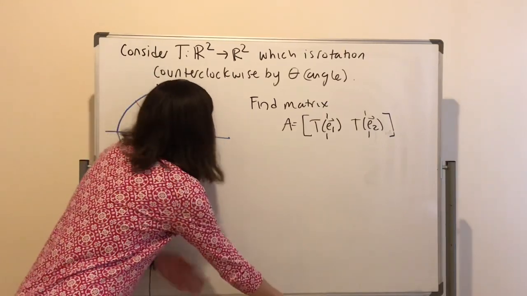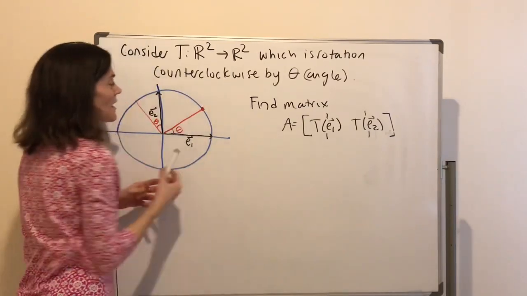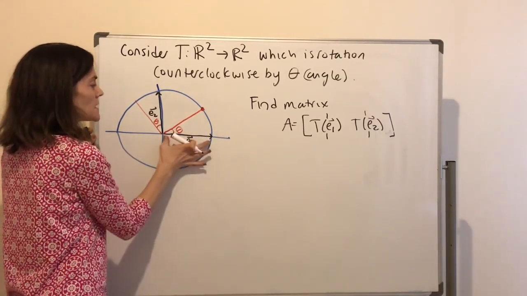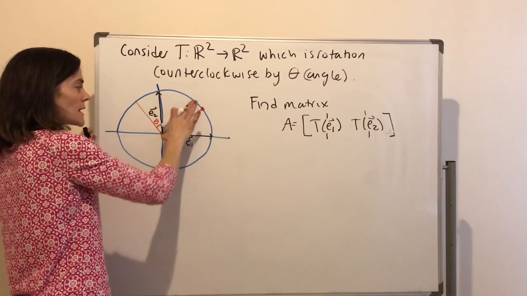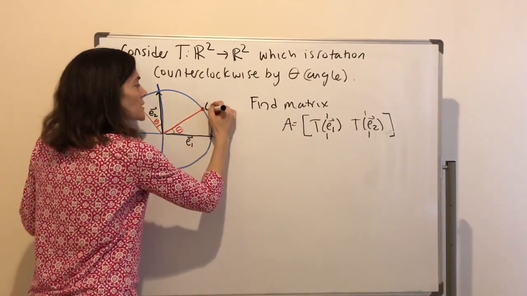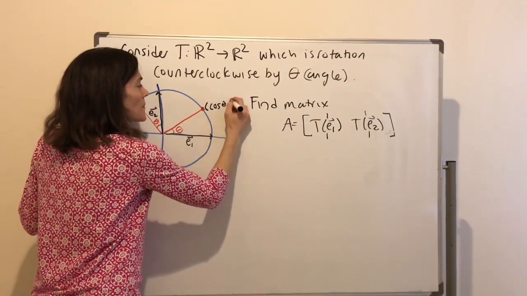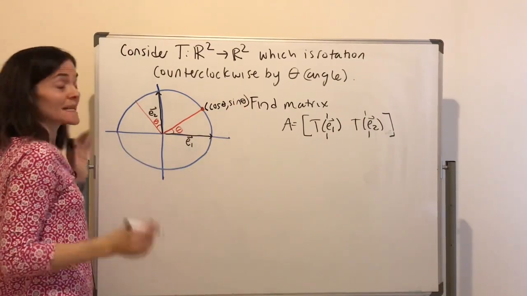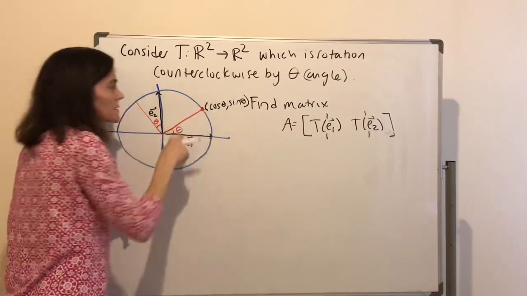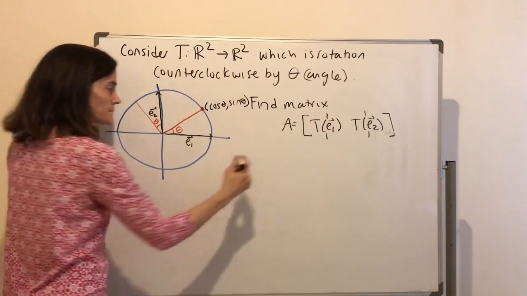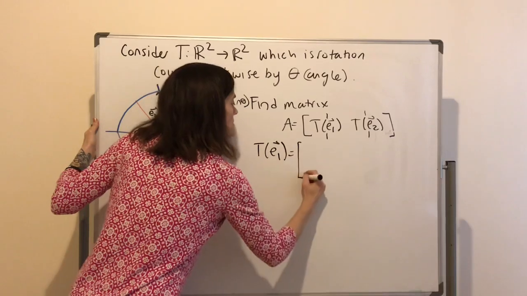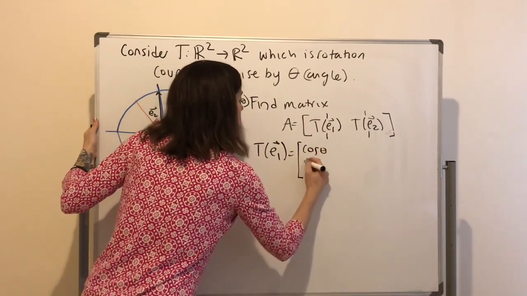This point, this is the easiest one, is this column, because if I think about this unit circle, which it is, this is length 1, and I just rotate, it remains length 1. This point is literally cosine theta, comma, sine theta. That's the point, which means the vector is, well, let's write it. T of E1 is this, cosine theta, sine theta.